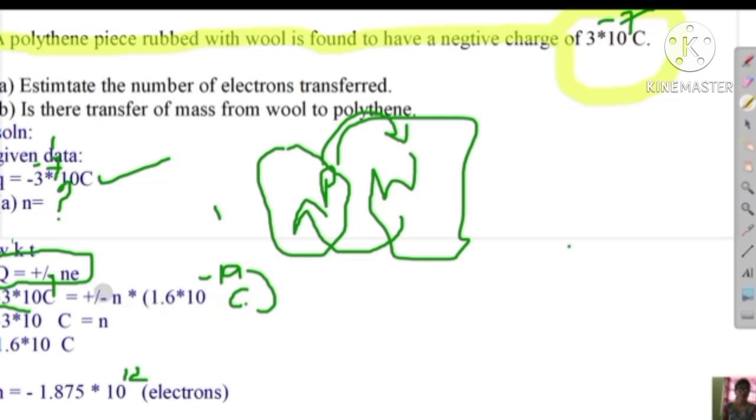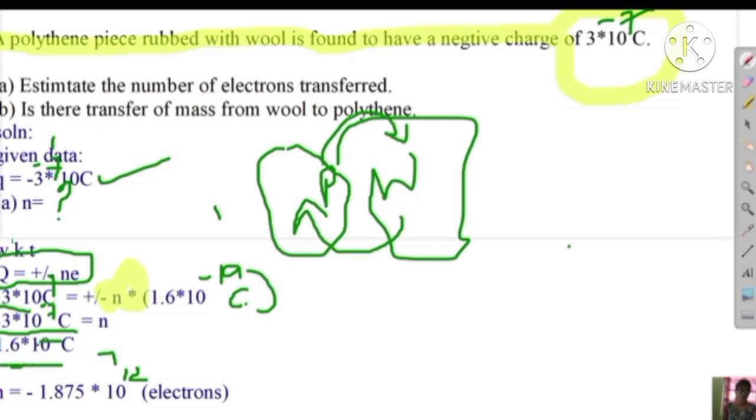Let's keep this n as it is and bring this 1.6 into 10 to the power of minus 19 coulomb to the denominator of 3 into 10 to the power of minus 7 coulomb. So this is 3 into 10 to the power of minus 7 coulomb divided by 1.6 into 10 to the power of minus 19 coulomb. When you divide this, you will get the answer.